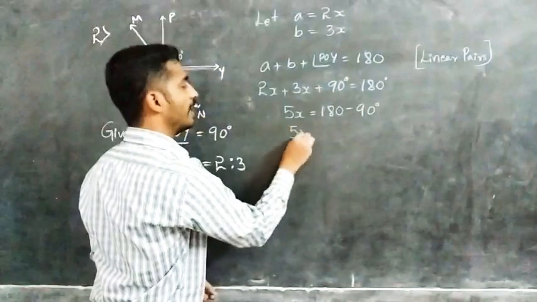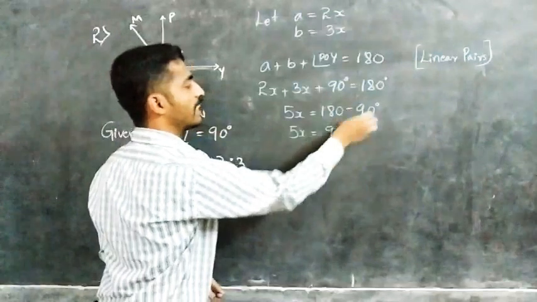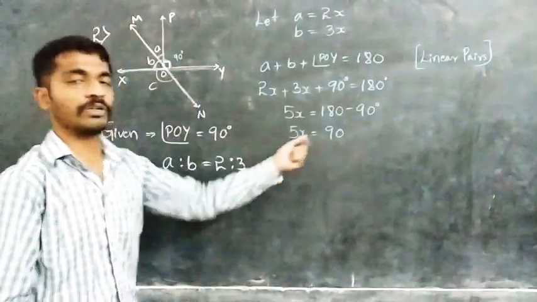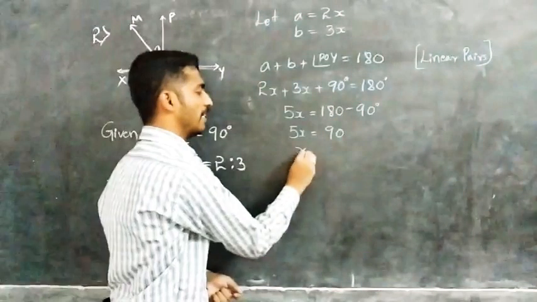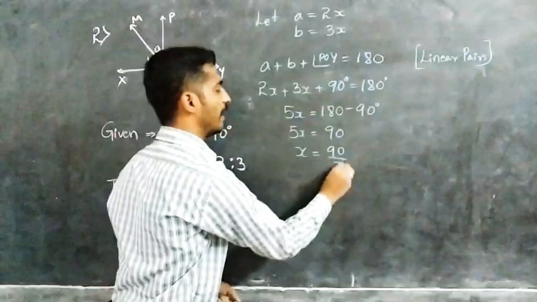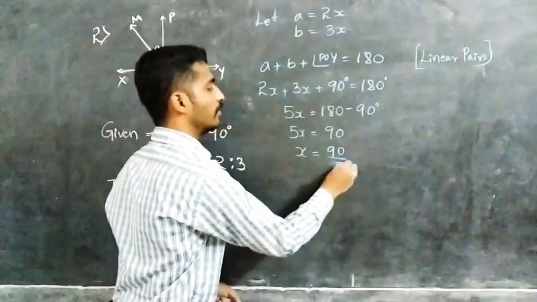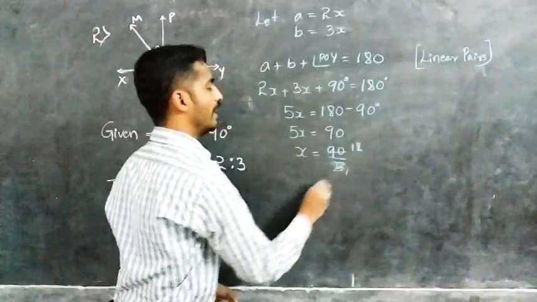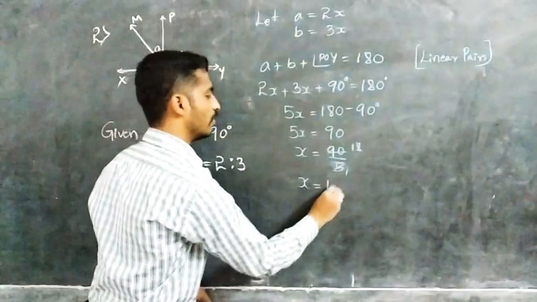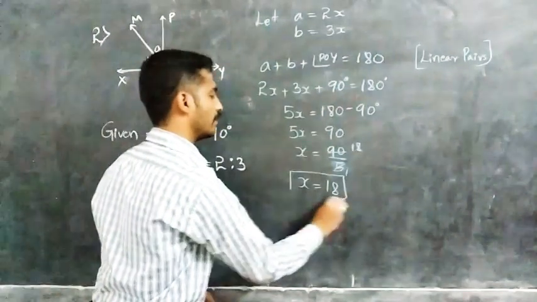So 5x equal to 90 degree and x equal to 90 by 5. So 5 18s are 90. So x equal to 18.